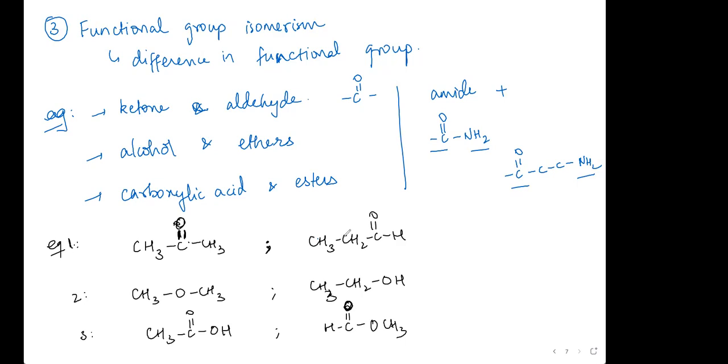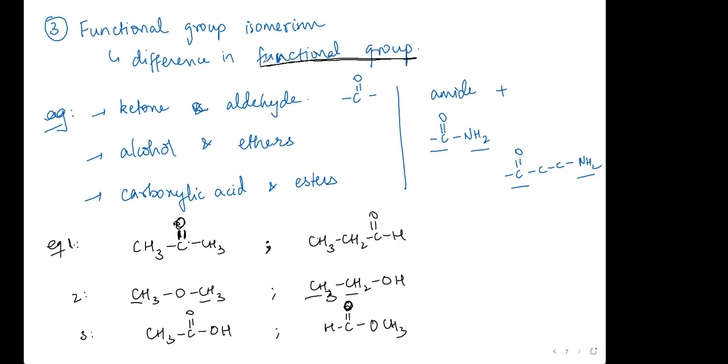And in the options also, instead of checking each and every option, if you spot that ek option mein there's alcohol and ether, all you have to do is ensure that they have the same number of carbon atoms and you can blindly put them as functional group isomers. Because hydrogens will automatically match up. The basic idea is that there should be a difference in the functional group itself.